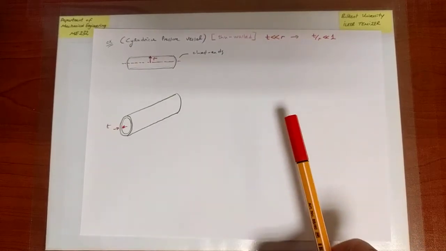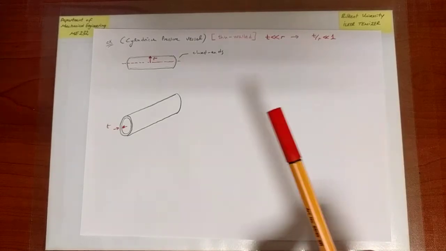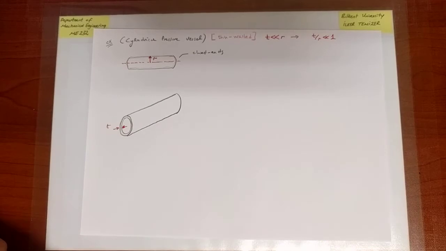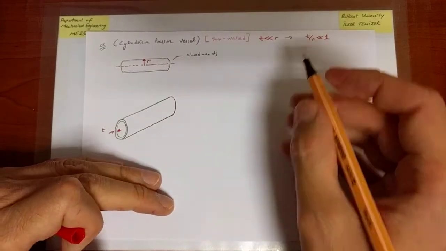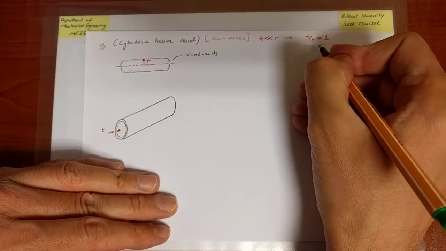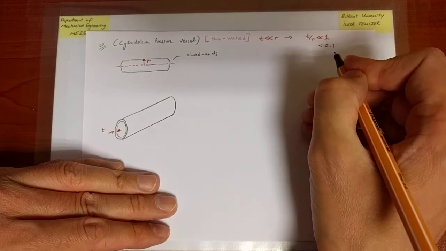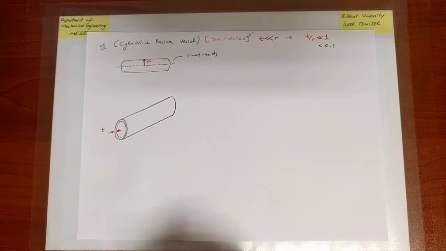Okay? And now the question is, how close would you like those stresses to be? Now, there is no absolute answer to that question, but what I can tell you at this stage is that in practice, if T over R is roughly less than 1 over 10, then the thin-walled assumption is an assumption that will more or less check for us.